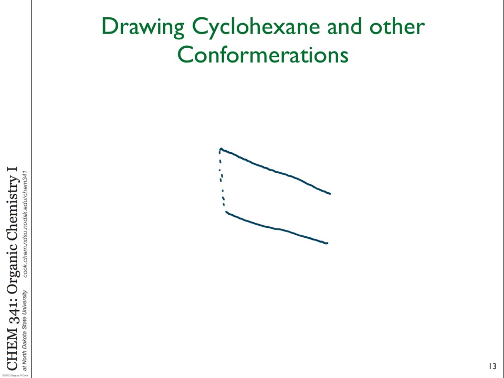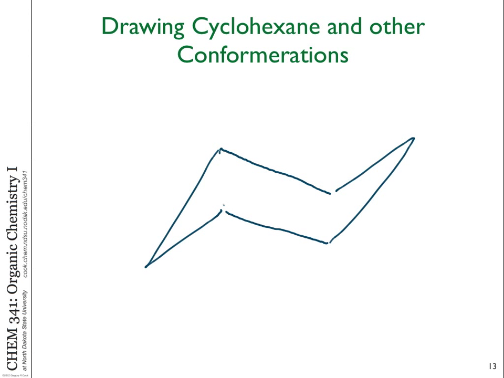Okay? You could always start with those 2 parallel lines. And then you simply connect them here and connect them here. And if you have the right angles, all the bonds should be the right ones that are parallel with each other. Okay, I'm going to erase my little guideline there. So that's a good way to do this.